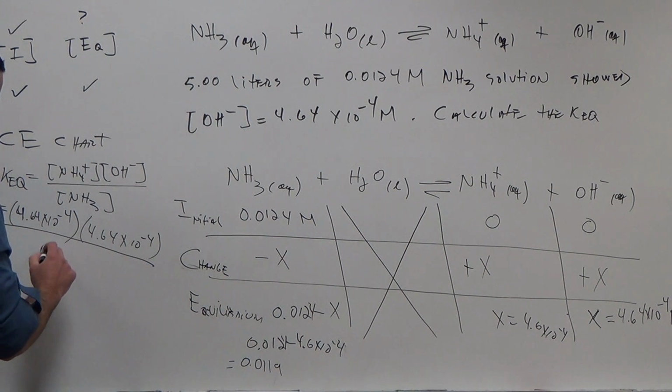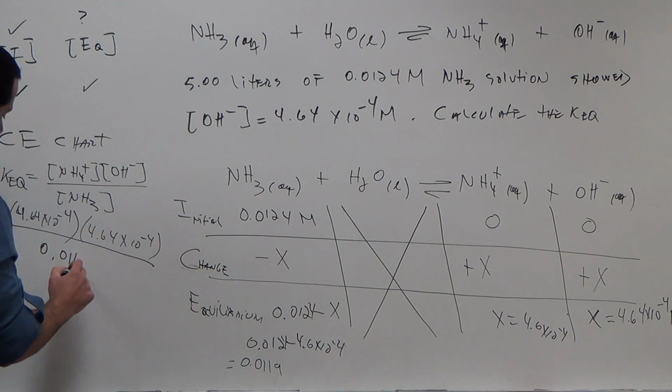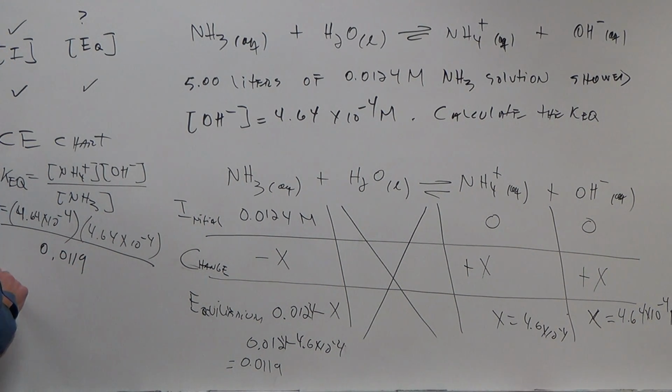How much is NH3? 0.0119. So the equilibrium constant for this is 1.81.